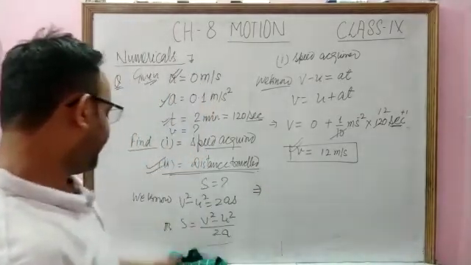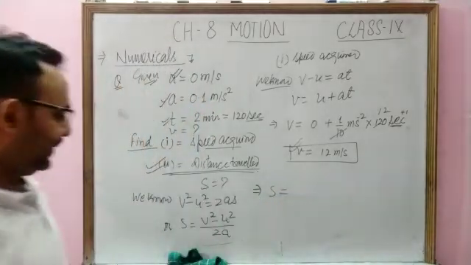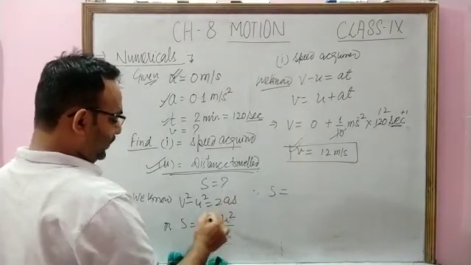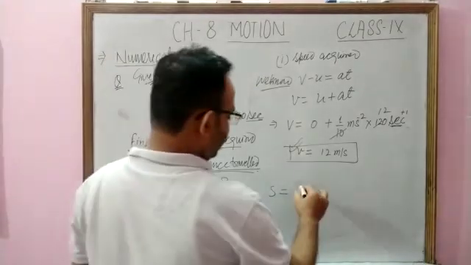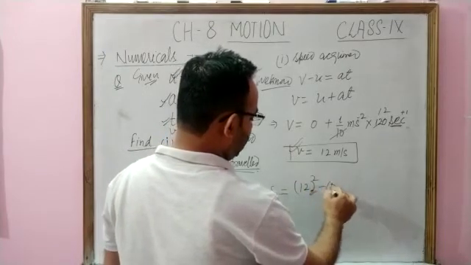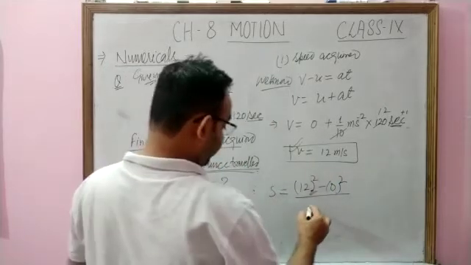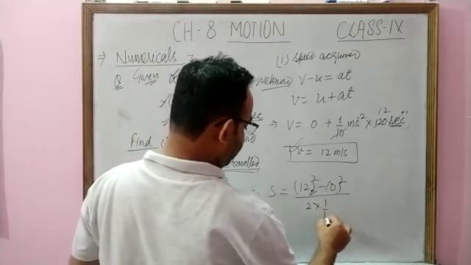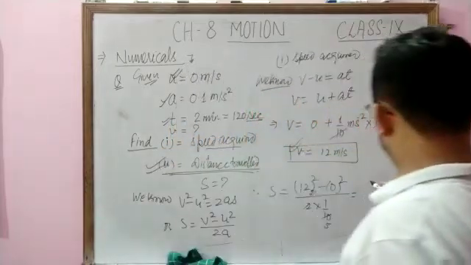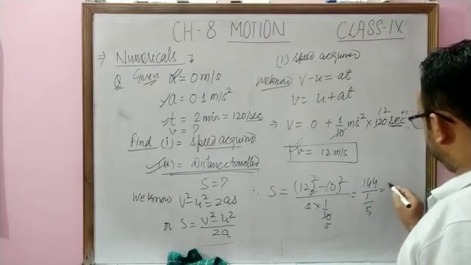Therefore, s is equal to v square, 12 square, minus 0 square upon 2a, 2 into 1 by 10, or it is equal to 144 upon 1 by 5.